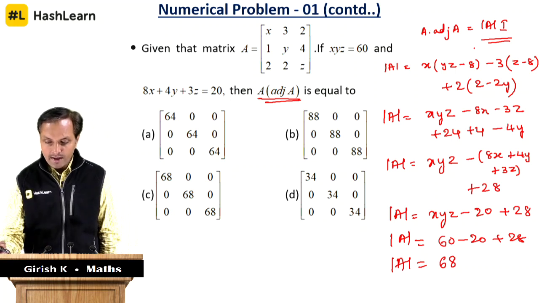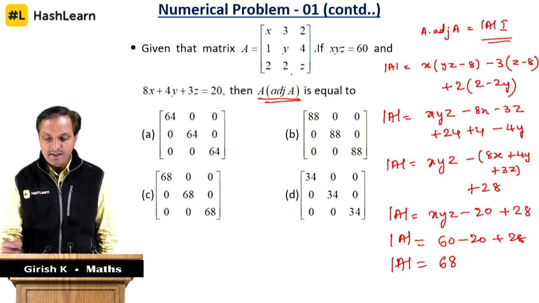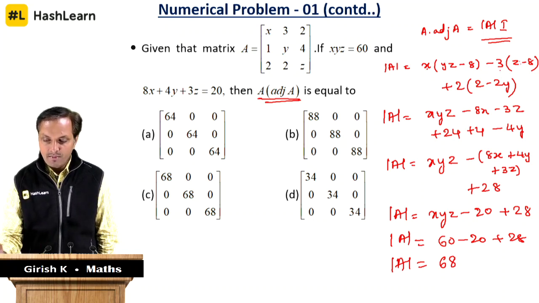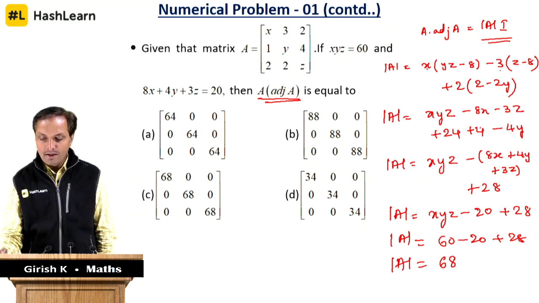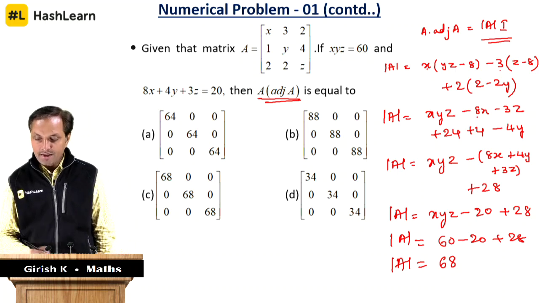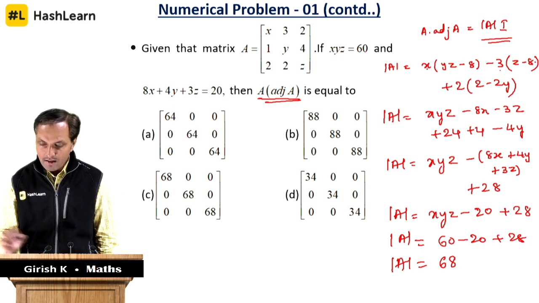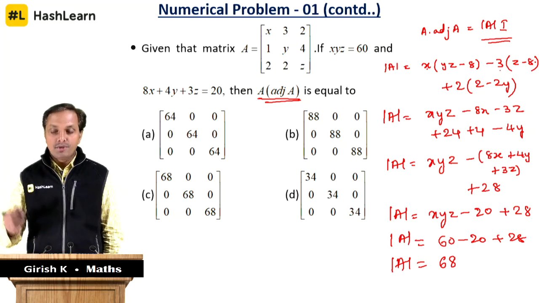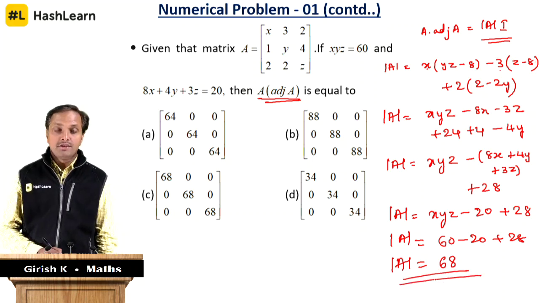So how you will get it: once you multiply the terms inside, xyz minus 8, minus 3 into (z minus 8), then 2 into (2 minus 2y), that will give you minus 4y minus 3z plus 24, then 28, substitute, you will get determinant of A as 68.